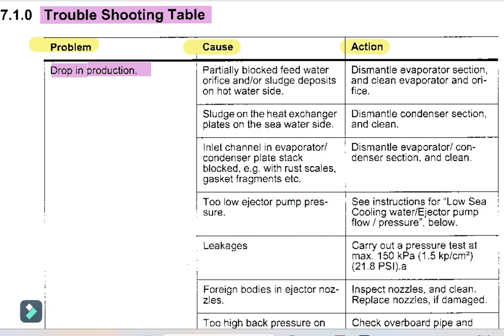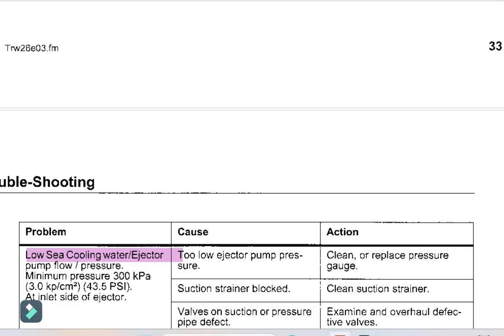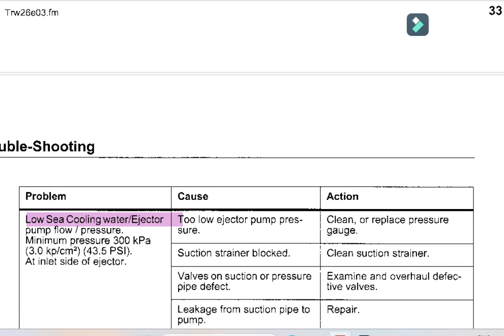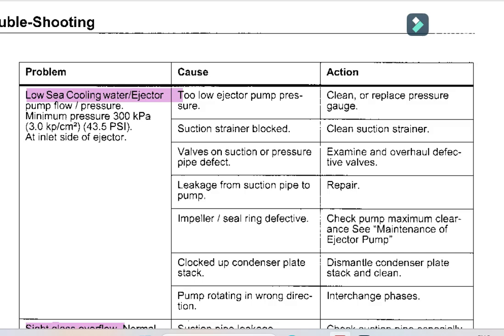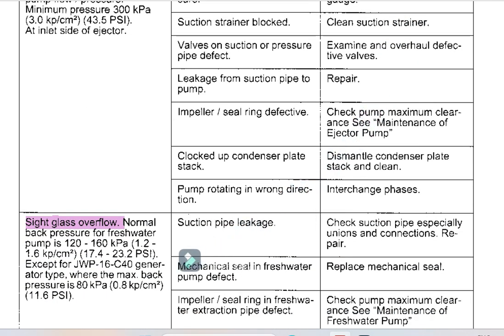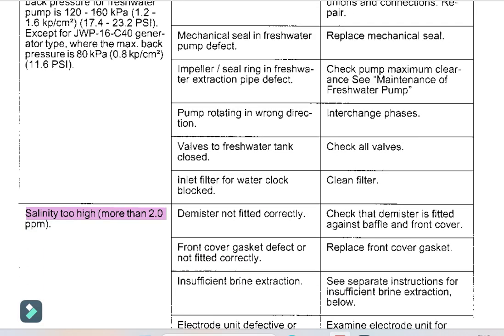Next I can tell you, next is your low sea cooling water or the ejector pump flow or the pressure. Next is your sight glass overflow. Next is your salinity is too high.